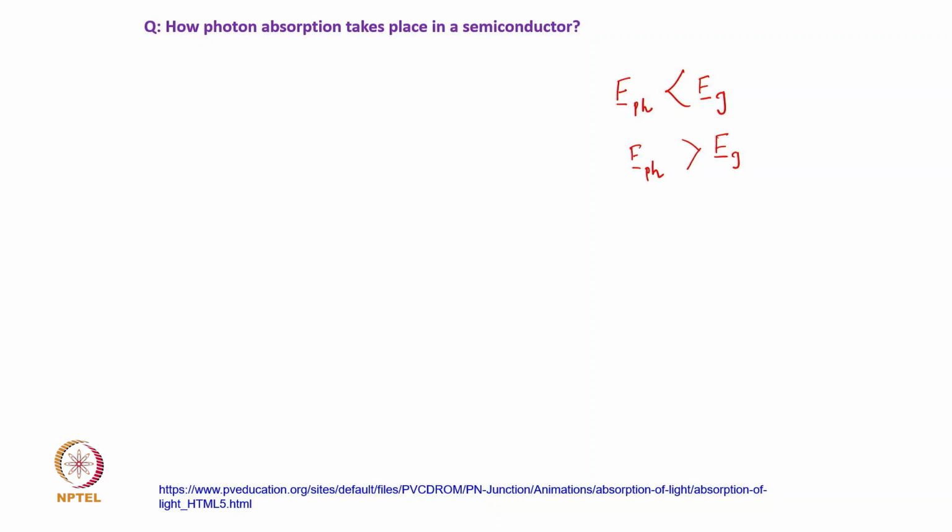In this case, when the photon strikes the semiconductor, there will be an electron hole pair generation. You know how this electron hole pair generation takes place? Electron hole pair generation takes place if I have the conduction band and the valence band.